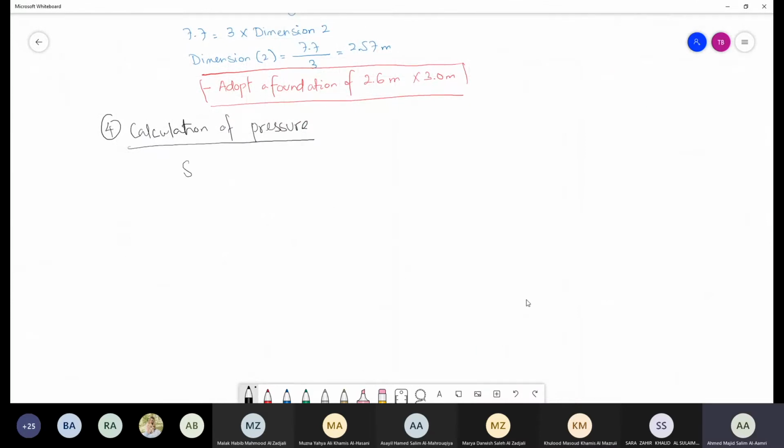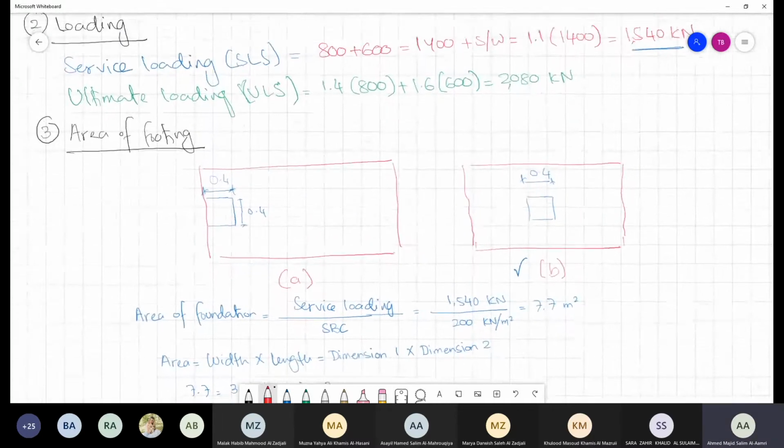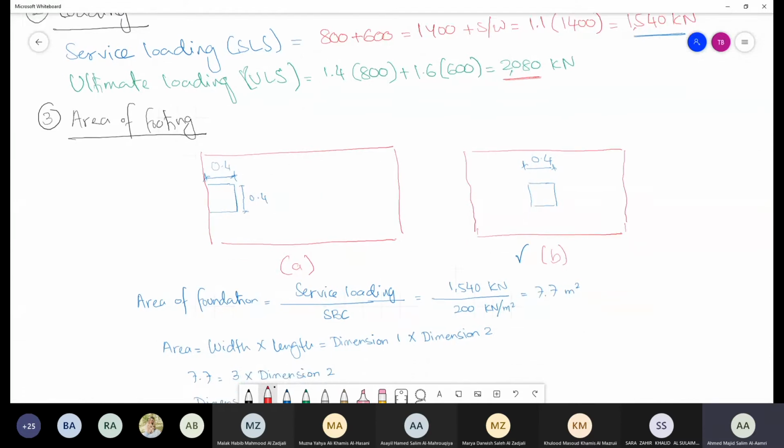Okay, and then we can say that the soil pressure, let us say that this is the ultimate soil pressure, is going to be your ultimate loading divided by your area of foundation, in which my ultimate loading, or my ULS, has been calculated as 2080 kilonewton.